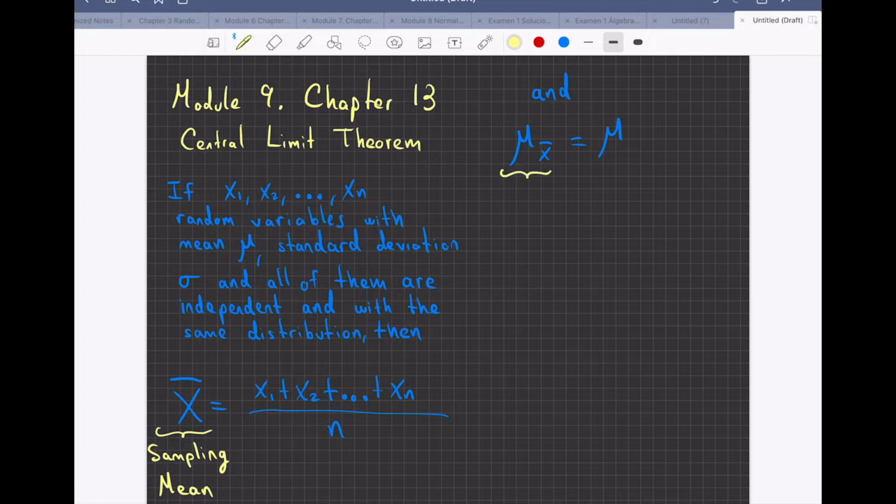This symbol means the mean of the sampling mean. By the way, it is the same as the mean of the population.